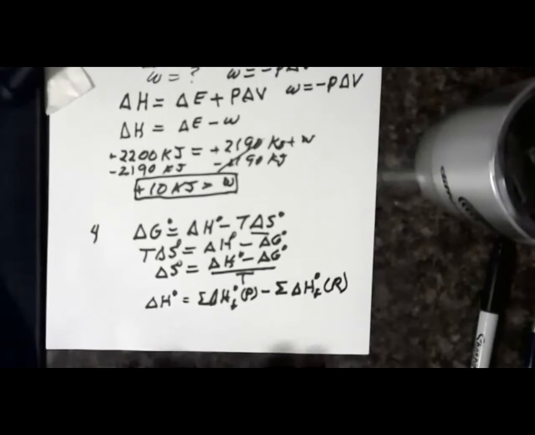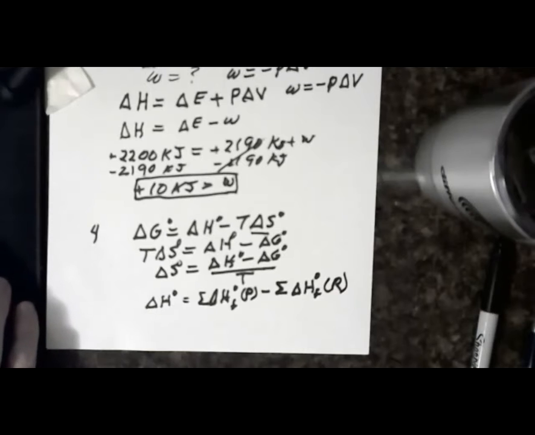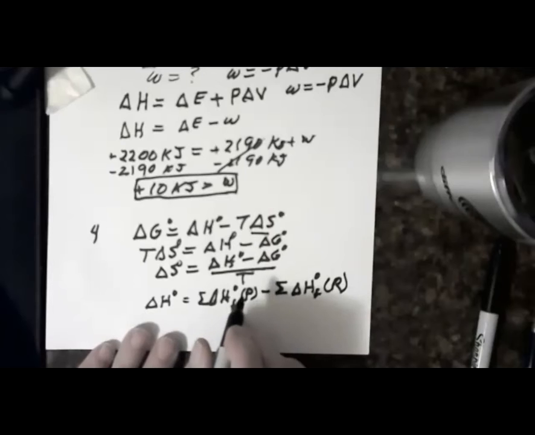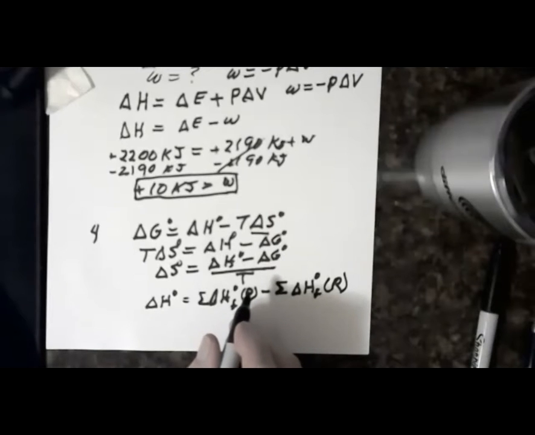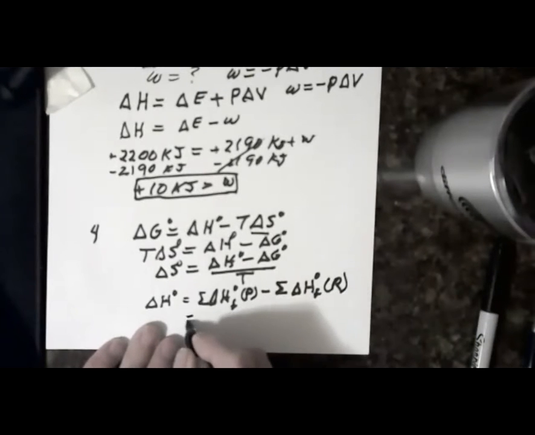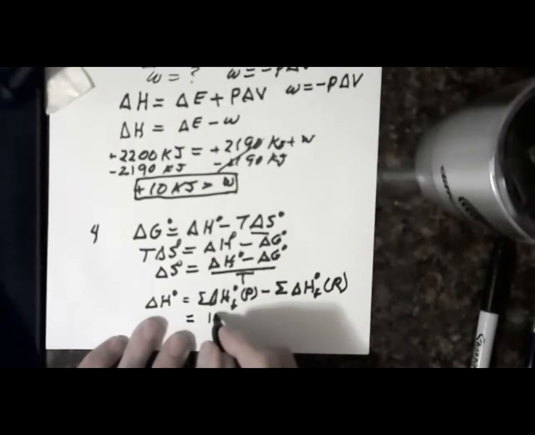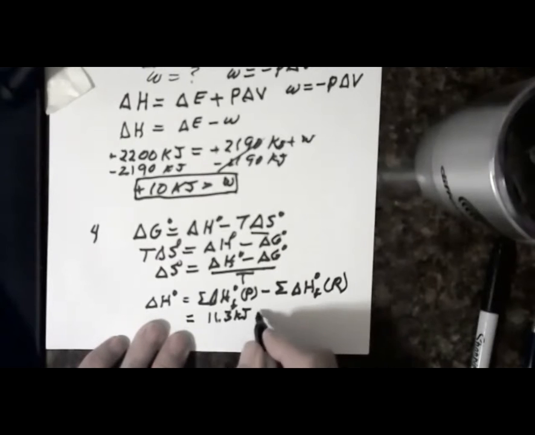Okay, so let's look at our data. The product is N2O5, and the delta H of formation of N2O5 is plus 11.3 kilojoules. That's the product value, and there are 2 moles.